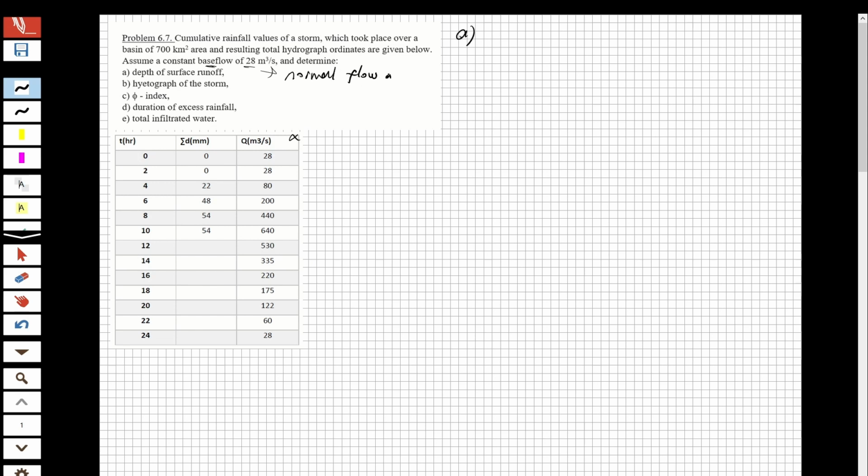This is the base flow. We are going to subtract it from each value, one by one, and we are going to obtain the discharge of the surface runoff. Once we have the discharge of the surface runoff, we are going to obtain its depth.